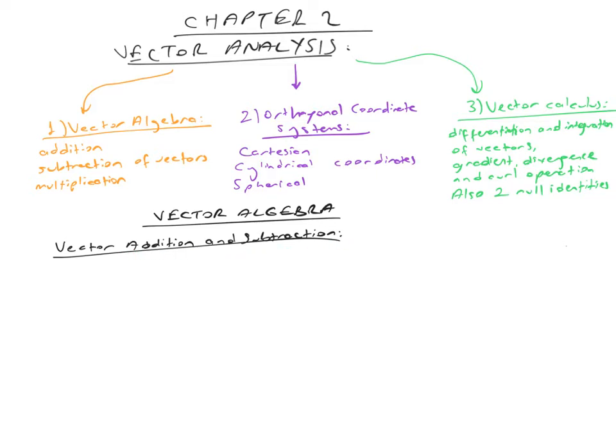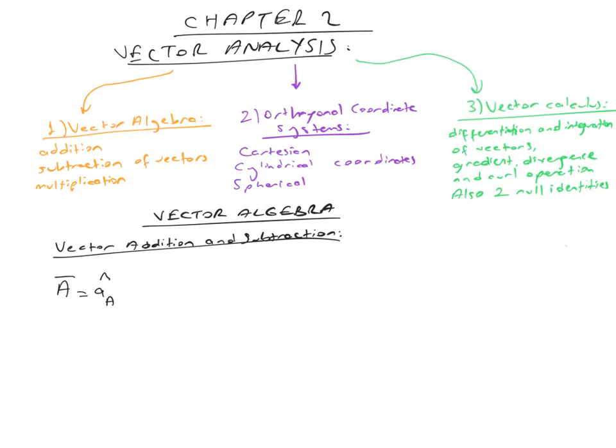We will demonstrate a vector as a letter over a bar. Every vector has a direction and a magnitude. Direction of a vector in our course will be demonstrated by lowercase a sub the letter which we use to demonstrate the vector, which is capital A in our example.